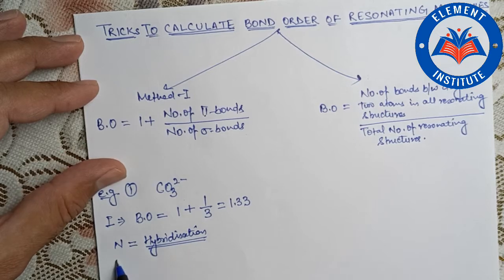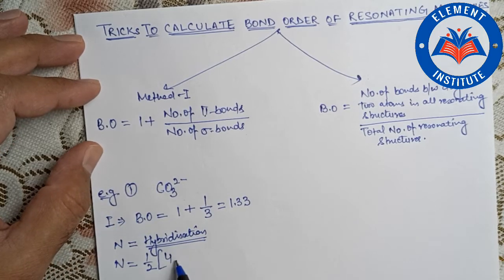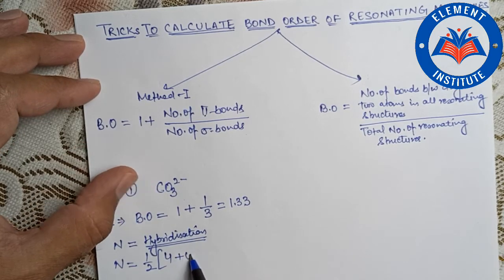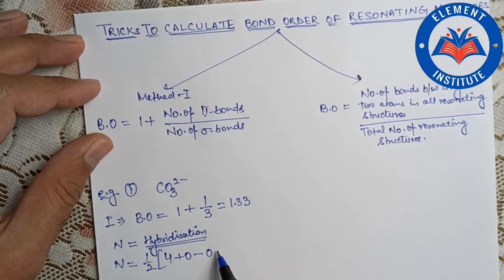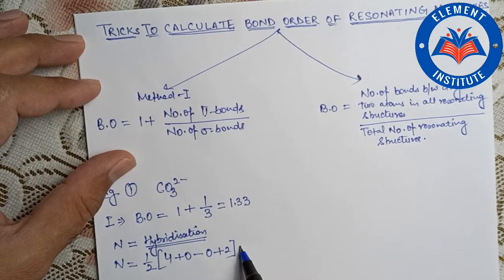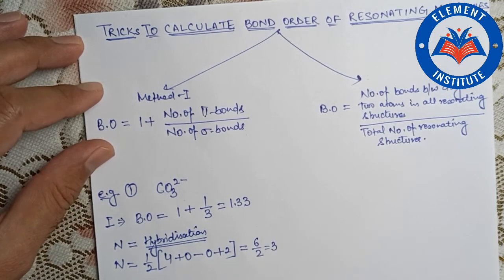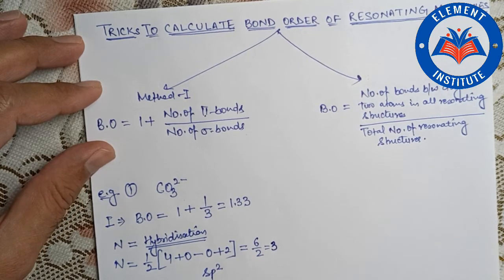We know that it is equal to the number of valence electrons plus the number of monovalent atoms, minus the charge of cation plus the charge of anion. So the total is 6/2, which is equal to 3, that is, hybridization is sp2. That means the structure is planar.